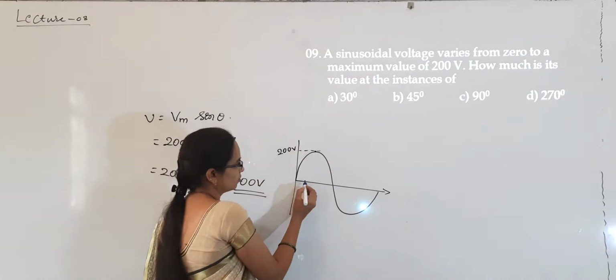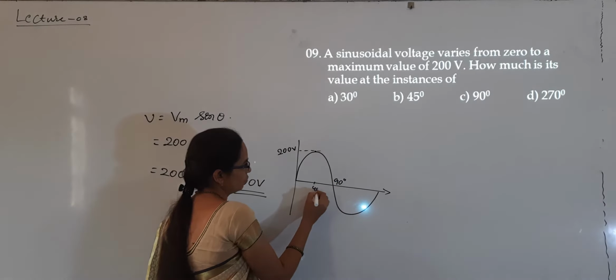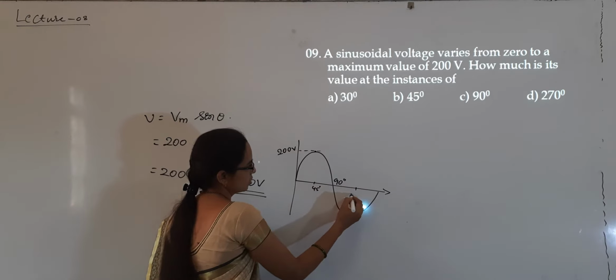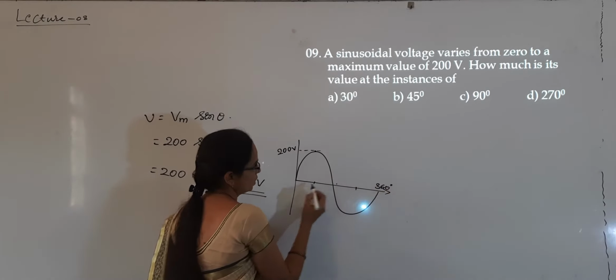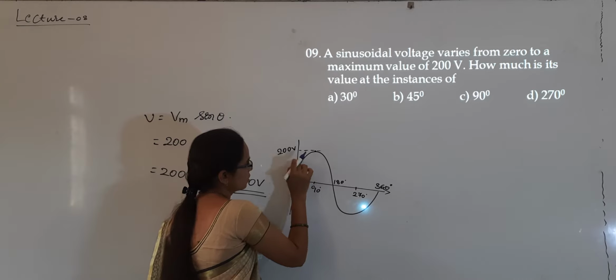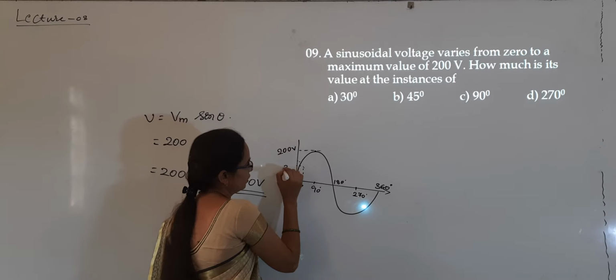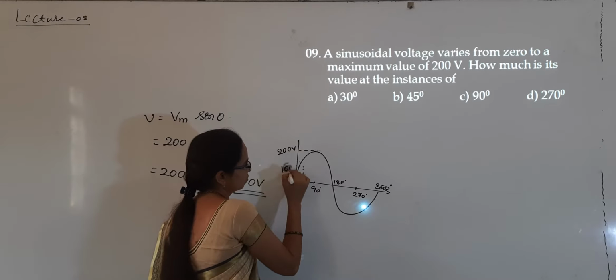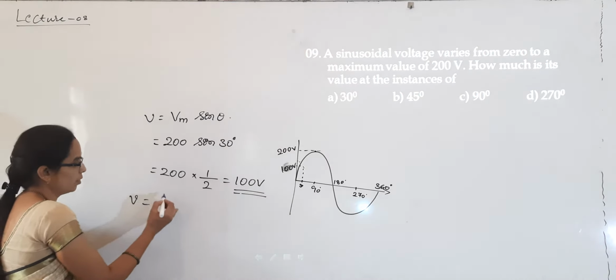At 30 degree, this is at 90 degree, this is 45 degree, sorry, this is 360 degree, so it is 90 degree, it is 270 degree, 180 degree. At 30 degree it comes, assume here 30 degree, the value of the voltage is 100 volts. That we have got.